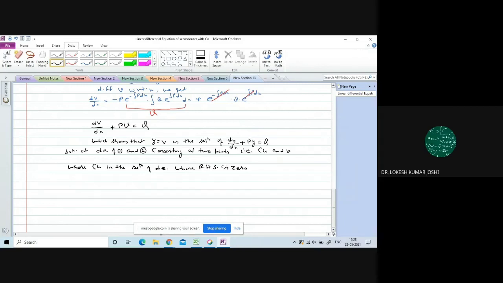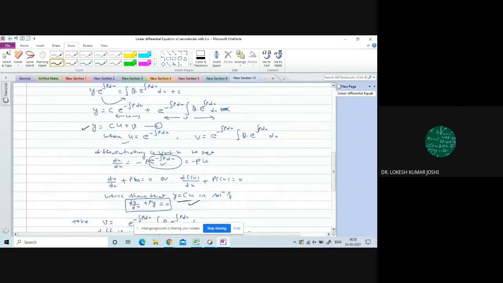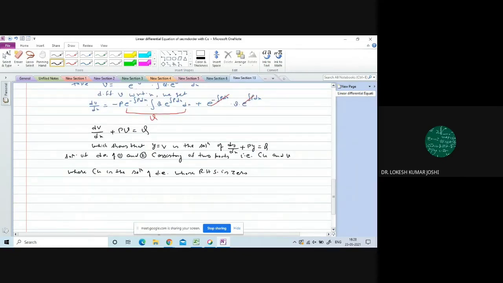You can see it here. We've already discussed that cu is the solution of the differential equation whose RHS is 0. What about v? We will discuss this later on.